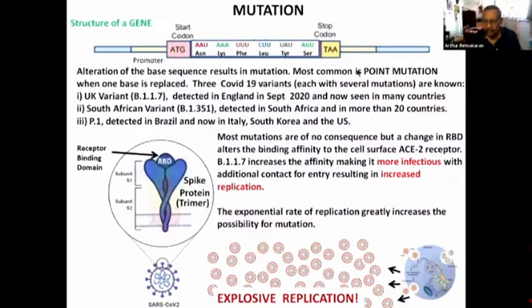Now, to produce the mutants, a virus has to multiply many generations. You know that the exponential rate of replication greatly increases the possibility for mutation.